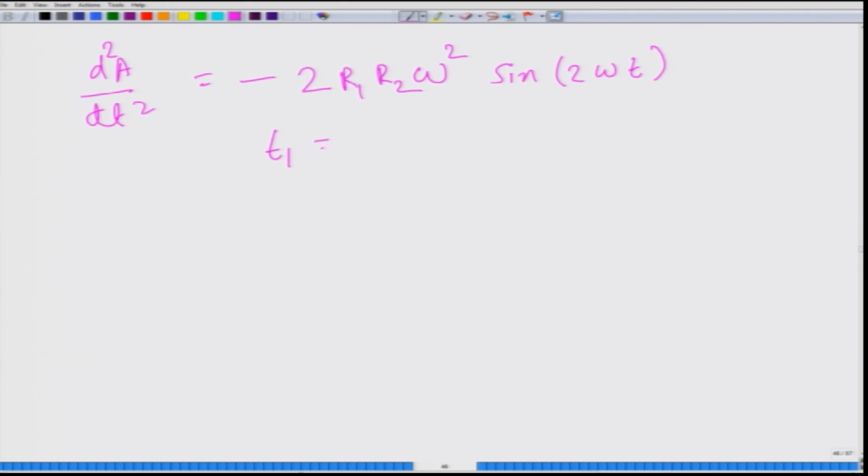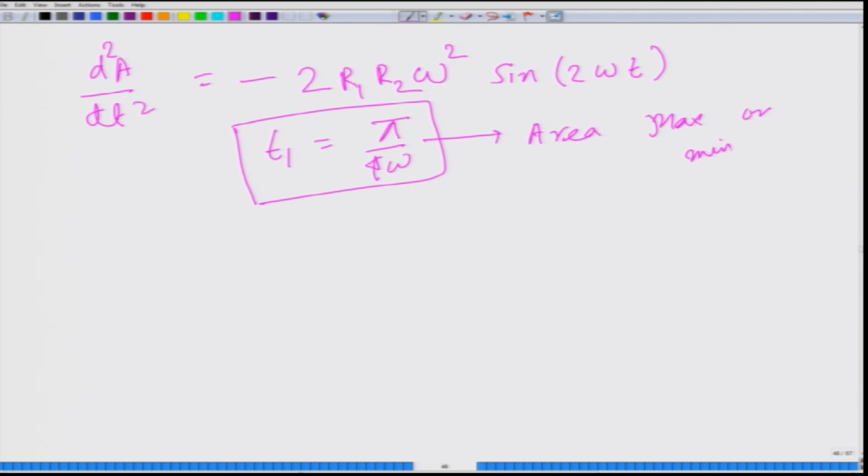So let us test whether at t1 equal to pi by 4 omega the area is maximum or minimum.